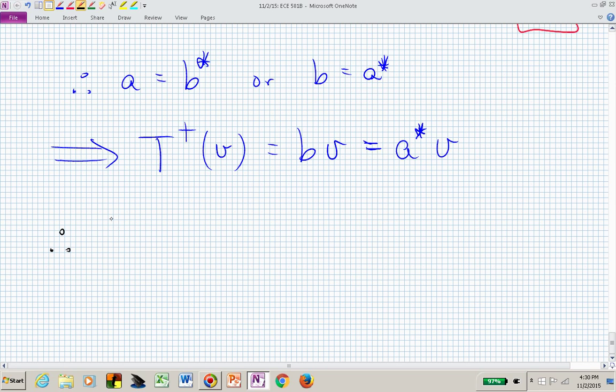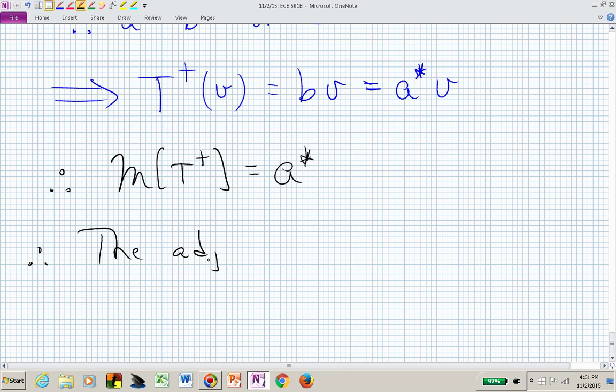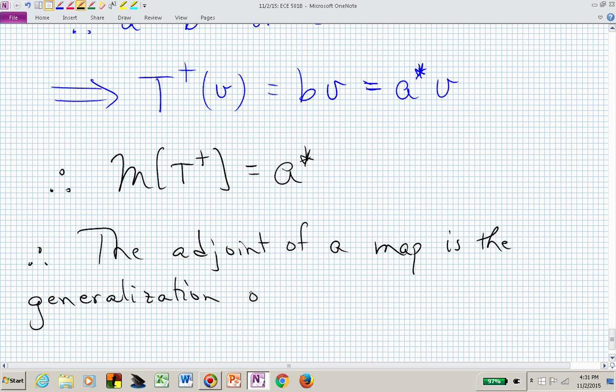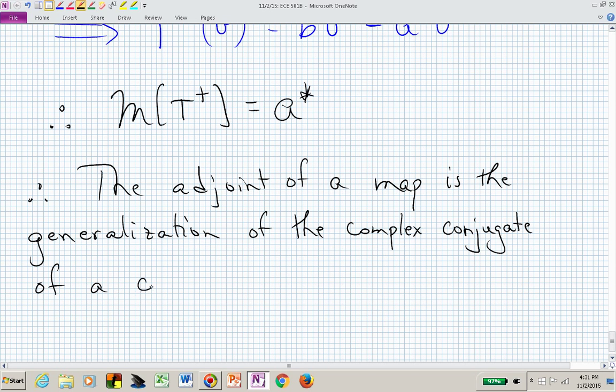And using our reasoning that we used for the matrix representation of the linear map, now the matrix representation of that adjoint is going to be the complex conjugate of A. Which allows us then to say that the adjoint of a map is the generalization of the complex conjugate of a complex number.